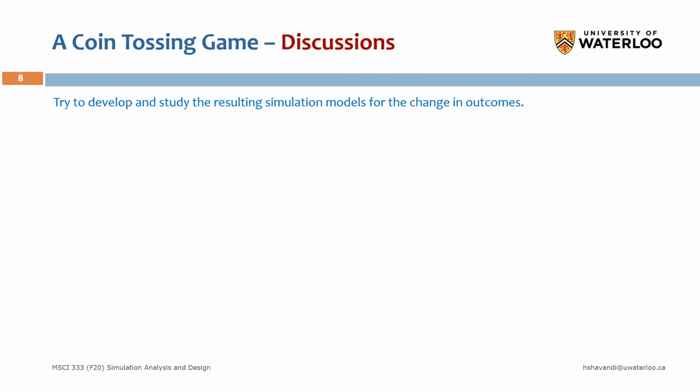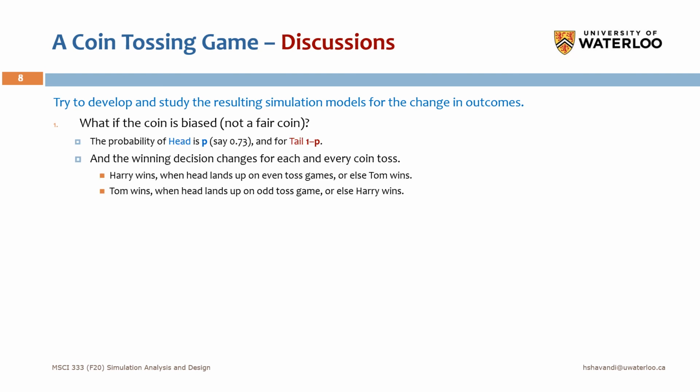By having the simulation model in Excel, we can try different scenarios. For example, we can see what if the coin is biased, not a fair coin. For example, the probability of heads is 0.73, and the tail would be 1 minus p, which is 0.27. Or maybe the winning decision changes for each coin toss.